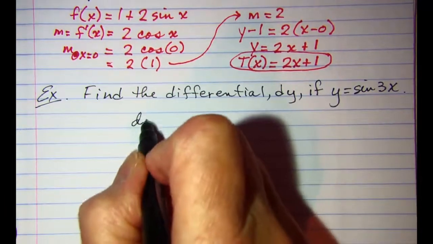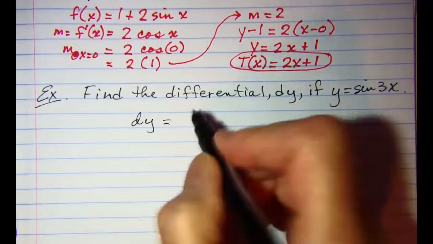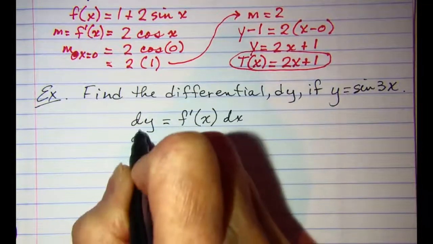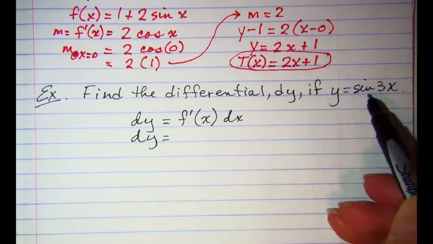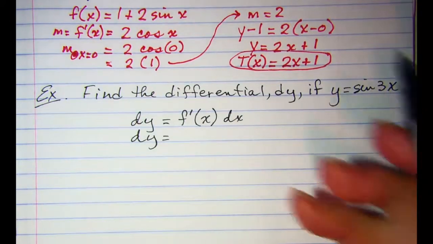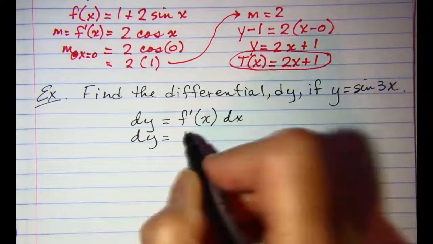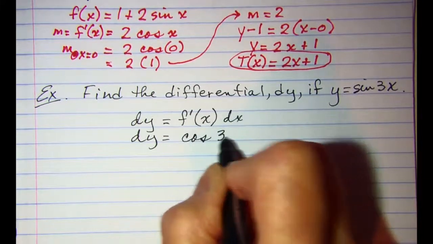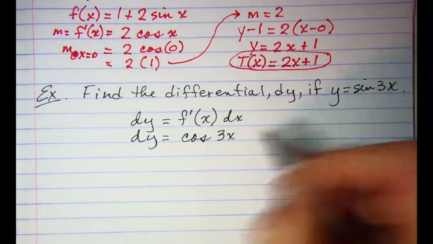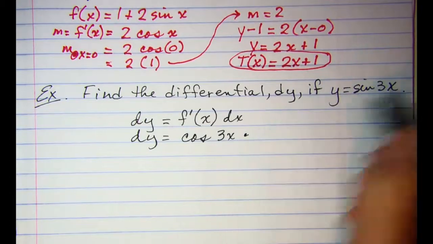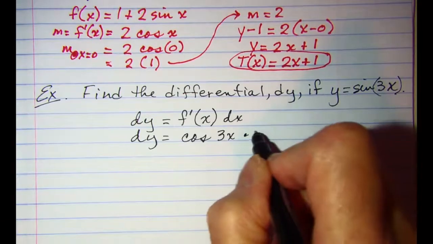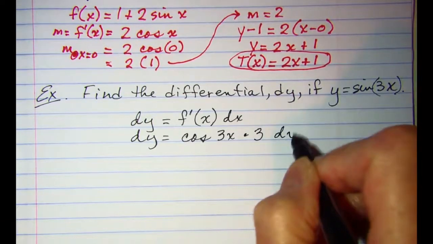So using that definition, we see that dy is equal to the derivative of sine, which is cosine 3x, and then times the derivative of what's inside, so that would be 3, and then times dx.